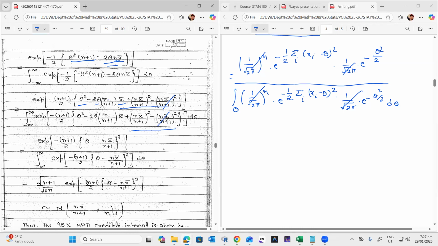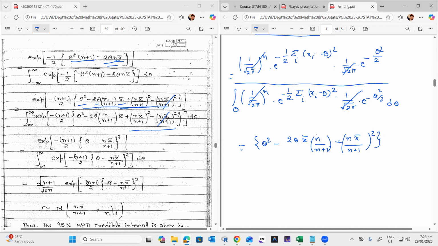I'm just considering the expression inside the bracket: theta square minus 2 theta x bar n divided by n plus 1, plus n x bar divided by n plus 1 whole square.